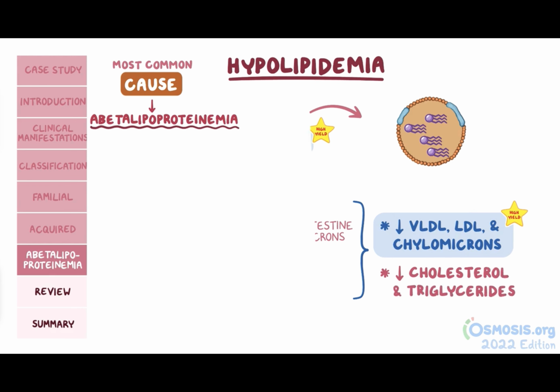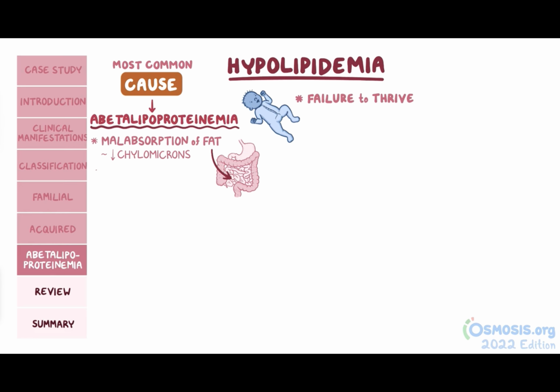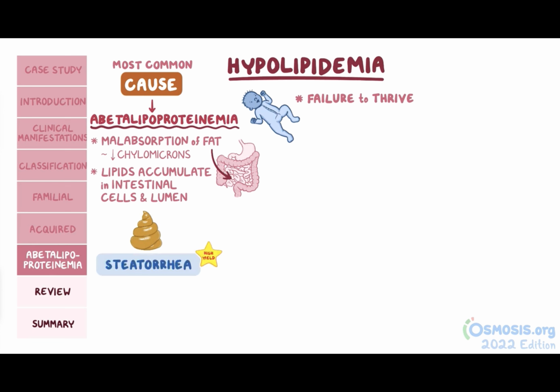Abetalipoproteinemia presents early in infancy. A key symptom is malabsorption of fat in the small intestine due to low levels of chylomicrons. So infants don't grow properly, a condition called failure to thrive. In addition, the lipids accumulate inside intestinal cells and the intestinal lumen, resulting in diarrhea that contains large amounts of fat, also called steatorrhea.